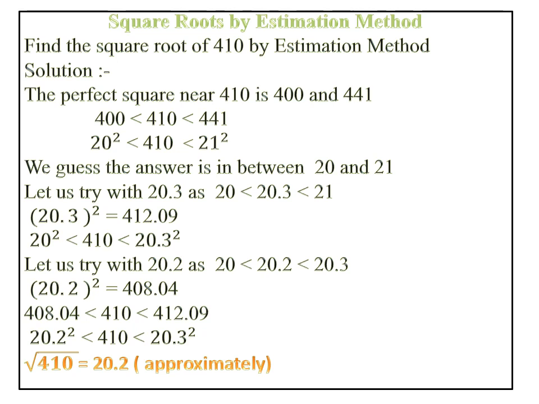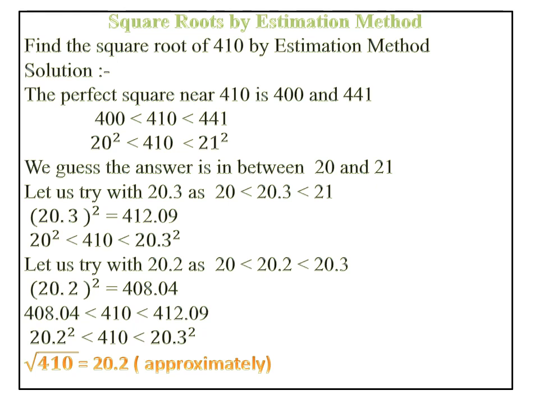Now let us try the numbers which are in between 20 and 21, and naturally these numbers are decimal numbers. So we will first try with 20.3. You can take any number in between 20 and 21, no problem. So here I have taken 20.3, and its square is 412.09.